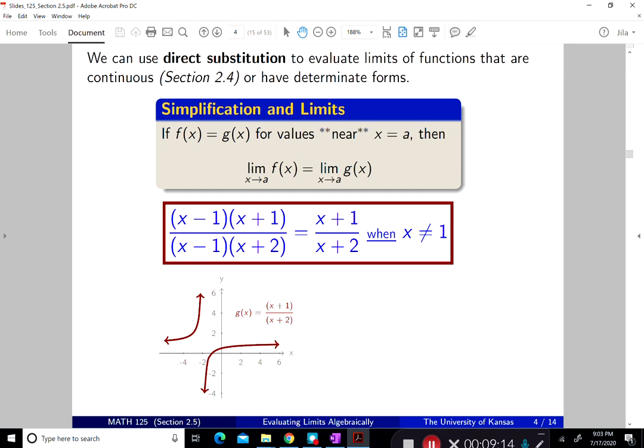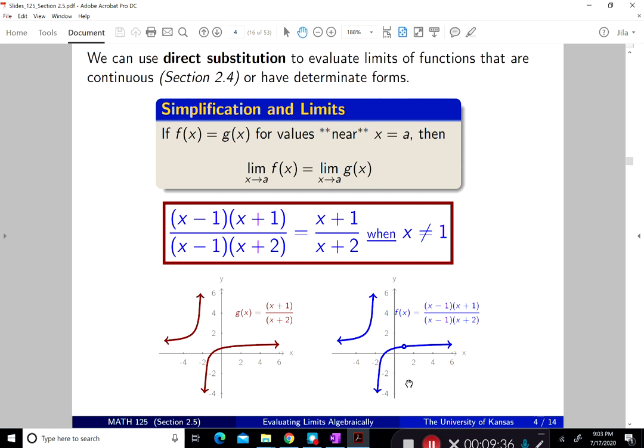I can exclude x equal to 1 from the domain, but then the shape of the two graphs is basically the same everywhere, but at x equal to 1. But I'm finding the limit at x equal to 1.